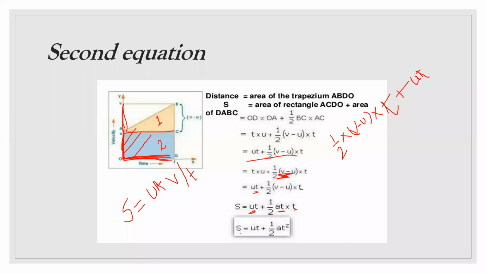Or we can say that s equals ut plus half at square, correct? This is our second equation of motion. Any confusion in this second equation? Respond fast. Very good.